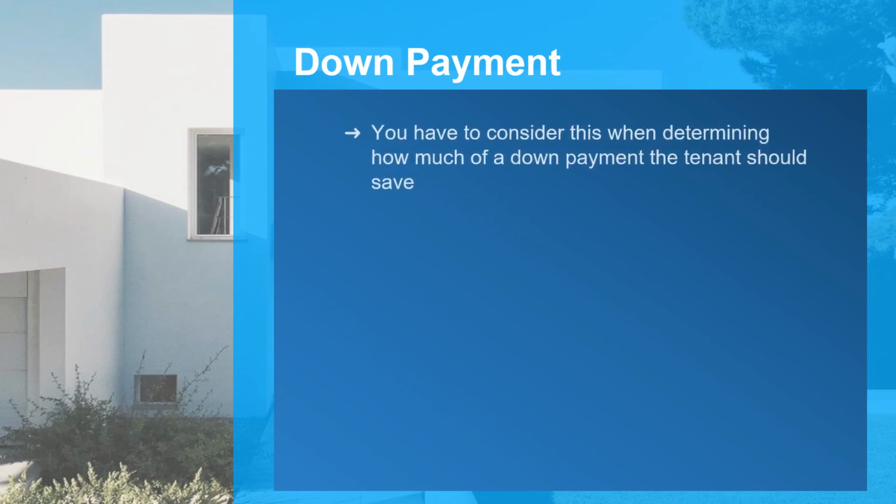The down payment that the tenants accumulate has to be the amount that the bank will accept. For example, I mentioned 5% is the amount the bank would require, but maybe they are self-employed, and perhaps the bank you are dealing with will require them to put 10 or 20% down for a self-employed individual. You have to consider all of this when determining how much down payment the tenant has to save.